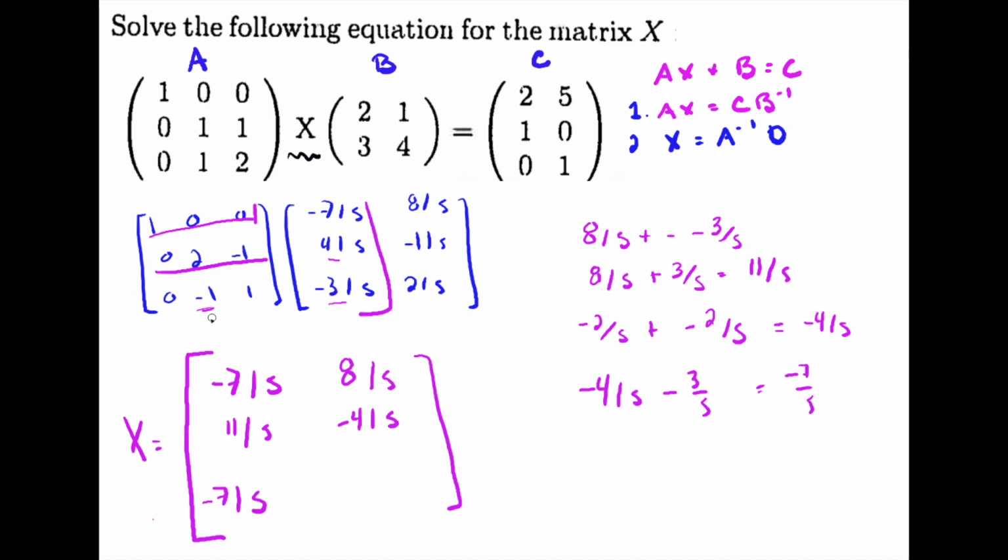And last but not least, we have 0 times 8 out of 5 plus negative 1 times negative 1 out of 5, which is 1 out of 5, plus 1 times 2 out of 5, which is 3 out of 5. So that was a bit of work, but we have figured out what X is.